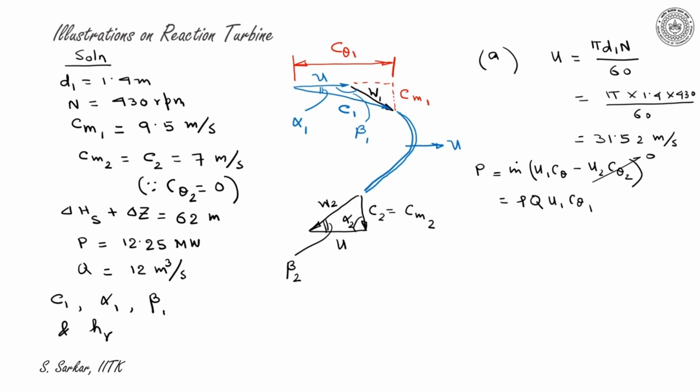So I can evaluate the value of c theta 1, and after calculation I got c theta 1 as 32.45 meter per second.